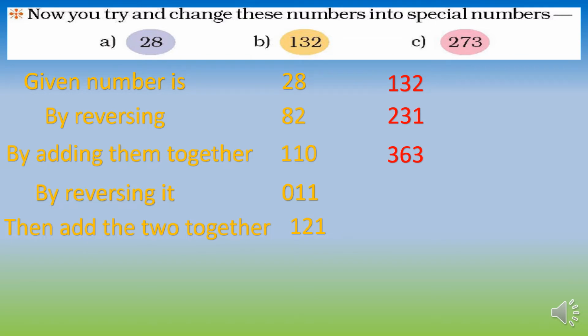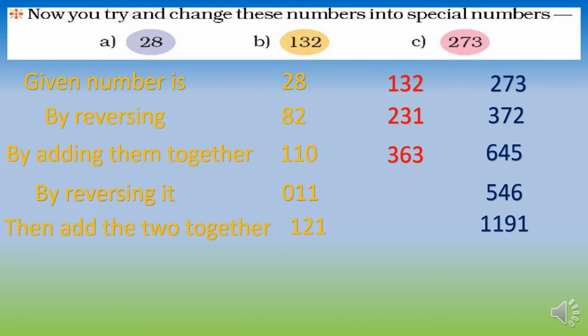Now C, that is 273. By reversing it, it would be 372. Adding them together, it would be 645. As 645 is not a special number, again reversing it, it would be 546. Adding both the numbers together we get 1191.